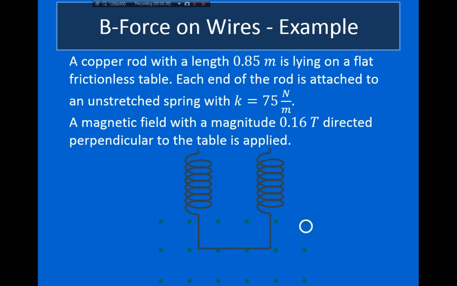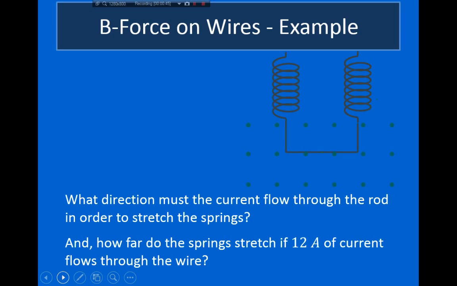So remember, these dots here indicate that the magnetic field is pointing out of the screen. And so there are two parts to this question. The first part asks us to determine the direction that the current is flowing through this wire if it's stretching the springs. And then the second part asks us to determine how far those springs will stretch when 12 amps of current flows through this rod.